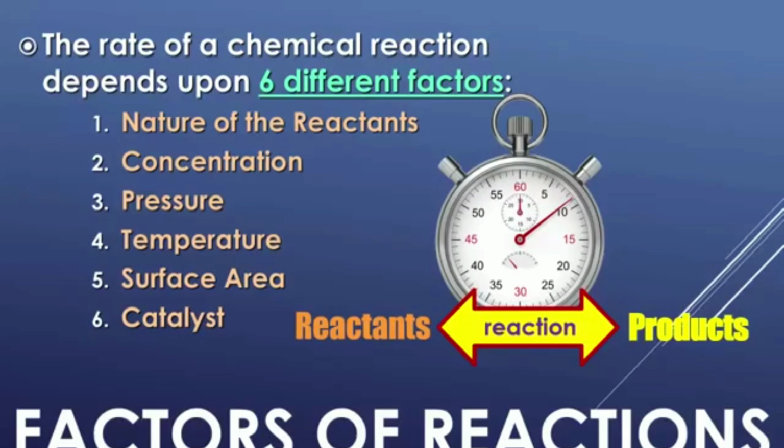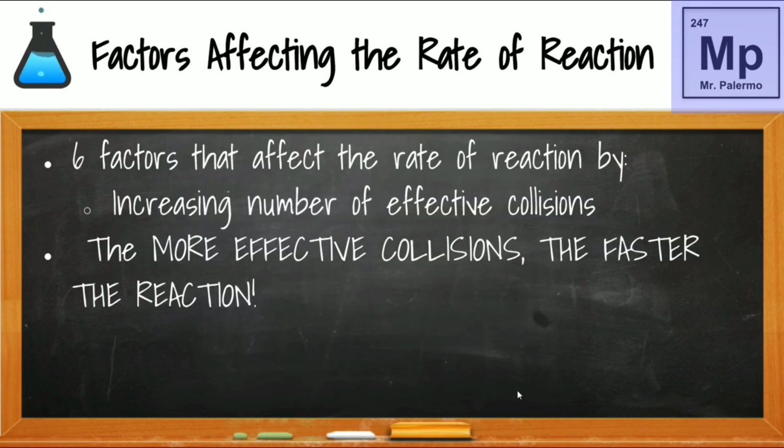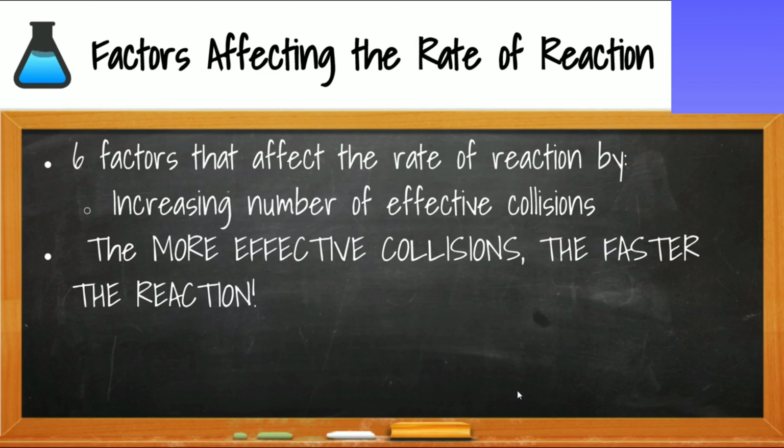These 6 factors that we are going to look at are the nature of the reactants, concentration, pressure, temperature, surface area, and catalysts. Whenever we increase the rate of a chemical reaction, we are increasing the number of effective collisions.